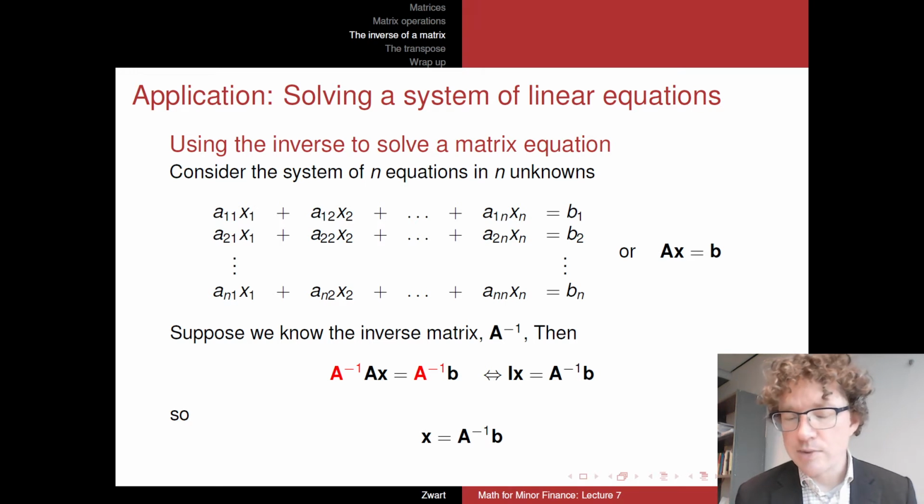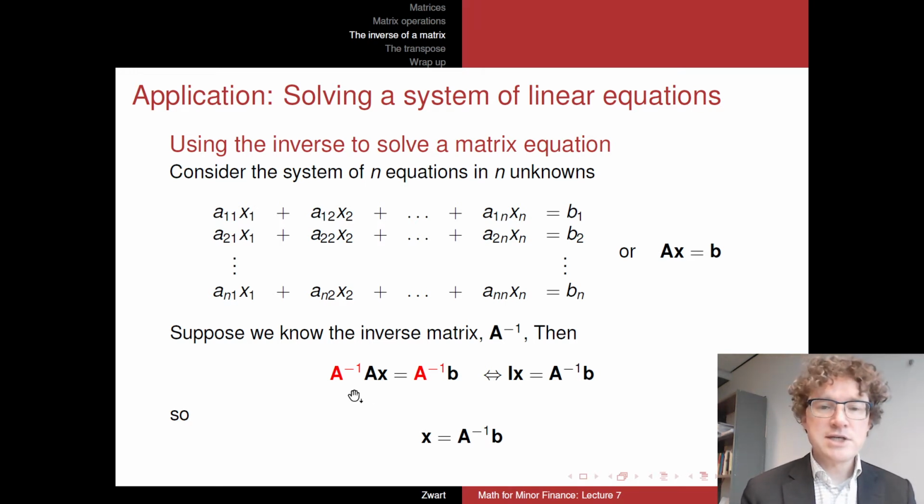Now this is going to be convenient, because if I look at the left hand side, I see A to the power -1, or the inverse of A, times A times x. But since A inverse is the inverse of A, I know that A inverse times A is the identity. So I can rewrite the left hand side as the identity times x.